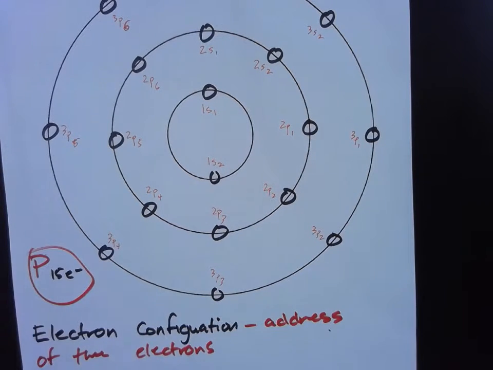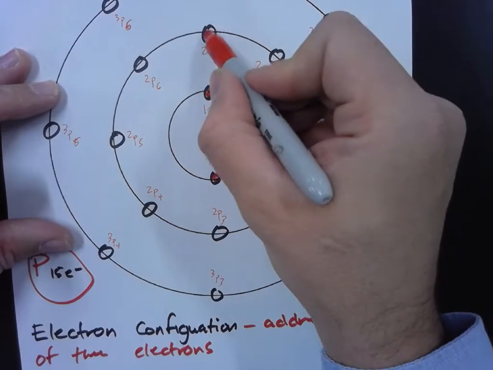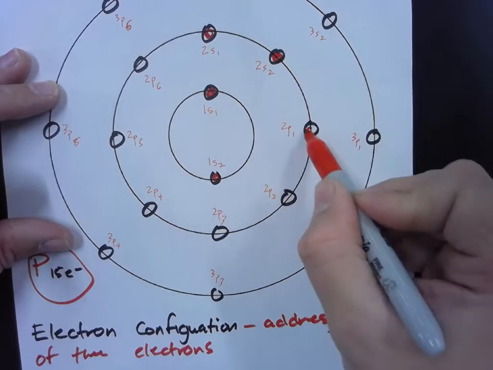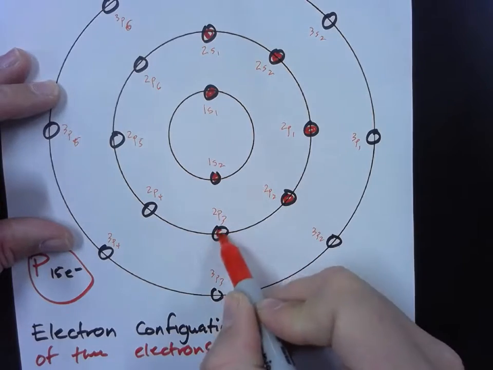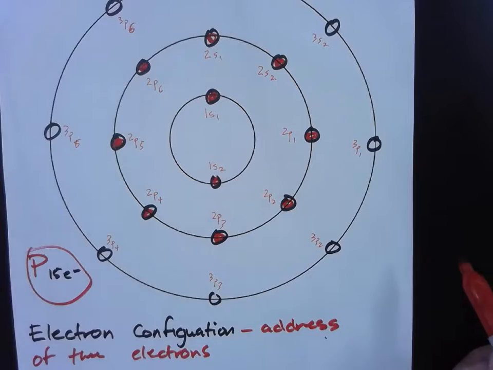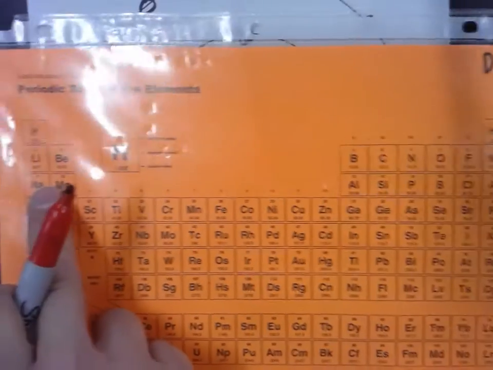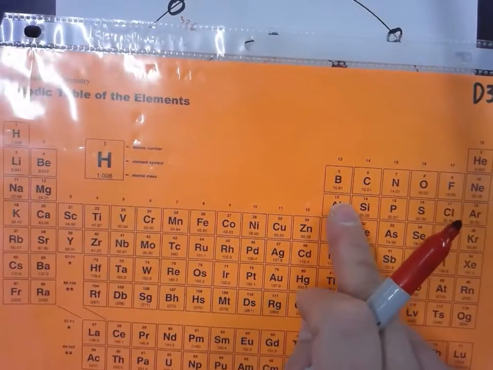Ready? 1s1, 1s2, 2s1, 2s2, 2p1, 2p2, 2p3, 2p4, 2p5, and 2p6. By the way, you can look at where we're going. There's 1s, 2s, 2p, 3s, 3p.